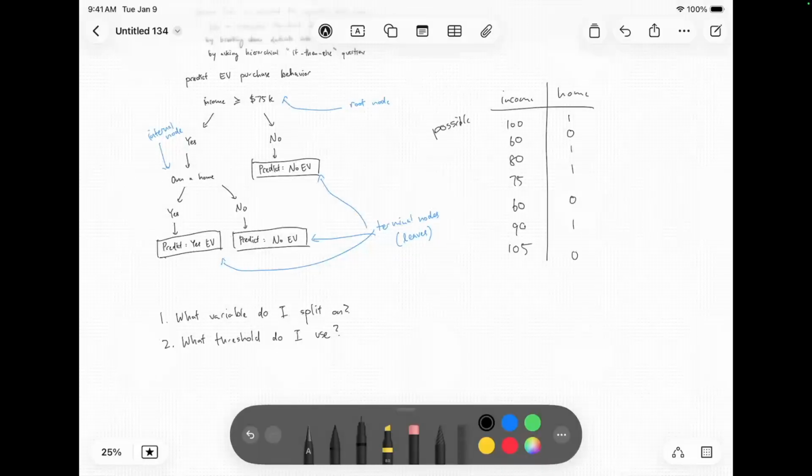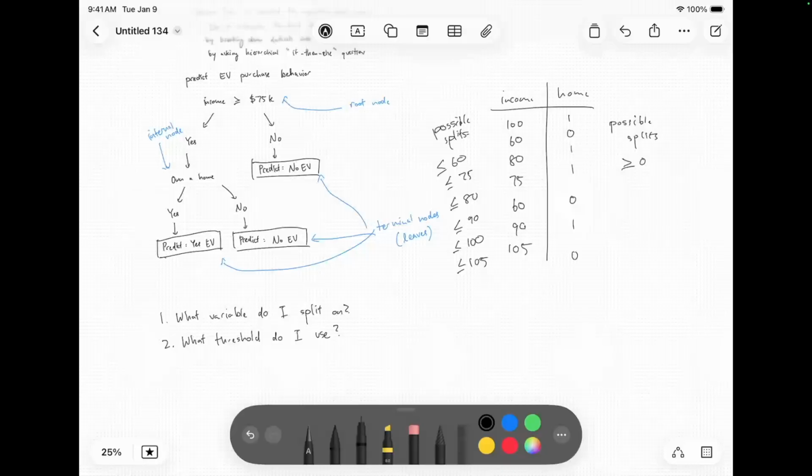Possible splits: less than or equal to 60, less than or equal to 75, less than or equal to 80, less than or equal to 90, less than or equal to 100, less than or equal to 105. And then on the other side, possible splits is just greater than or equal to 0, right?